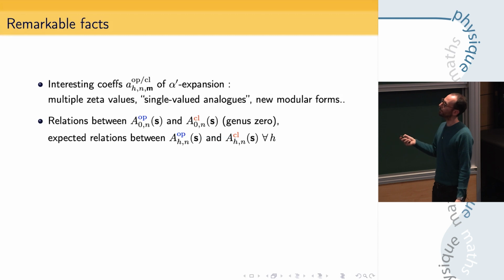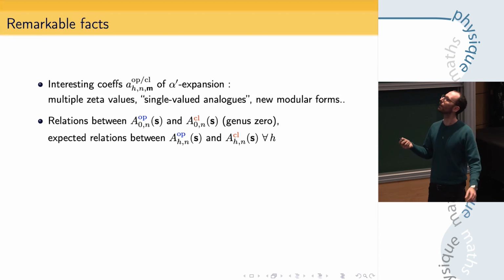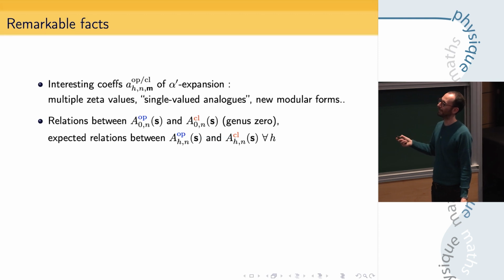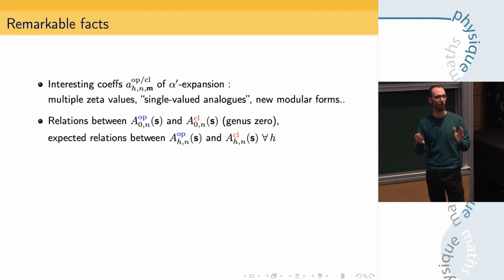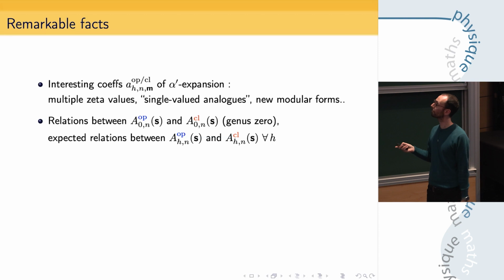And recently there is another interpretation in terms of single valued periods, which is some very abstract algebraic geometry concept introduced by Francis Brown. And in fact, one would expect the same kind of relations between open and closed string amplitudes at any genus. So this is something very deep because it's telling you there should be some relation between gauge amplitudes and gravity amplitudes.